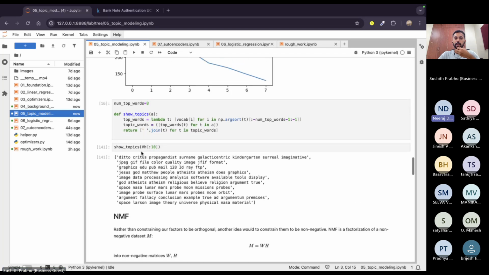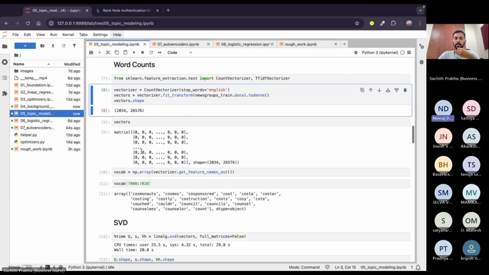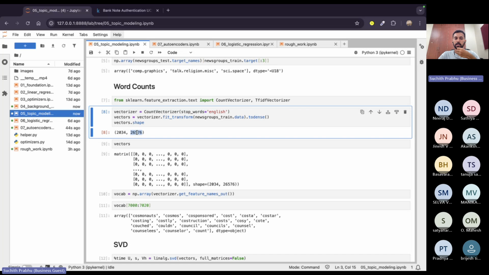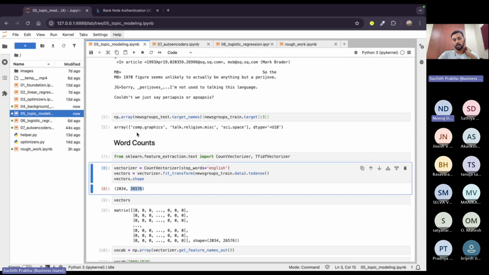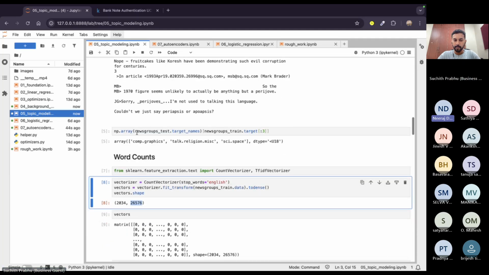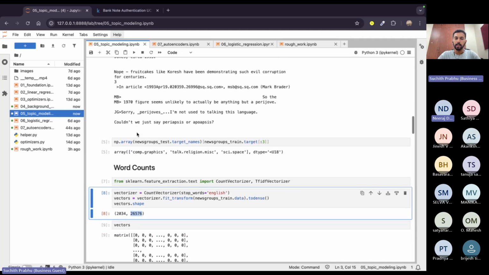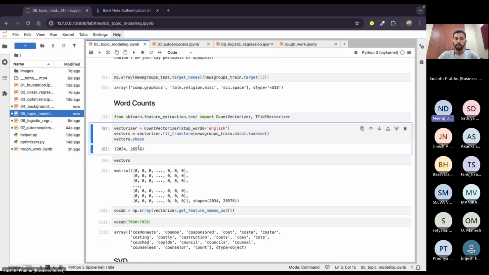You mean 26,000 words, all the words possible in English? It's not all the words possible in English. Whatever words were present in the corpus, you take the unique words and create the vocabulary. So this is dynamic, then. If you take some other corpus, it will change. Right, okay, got it.